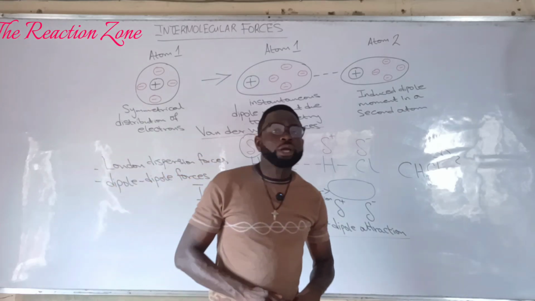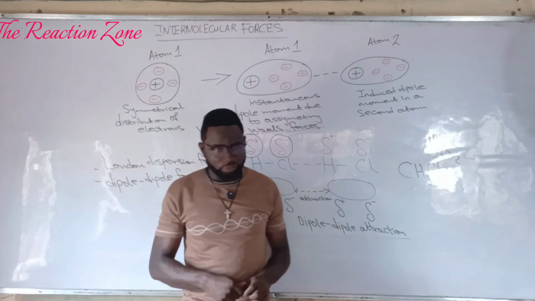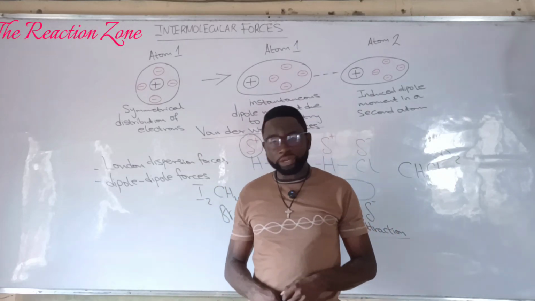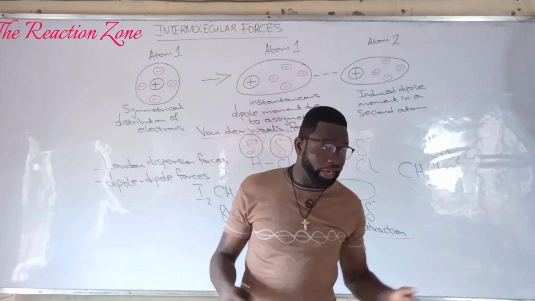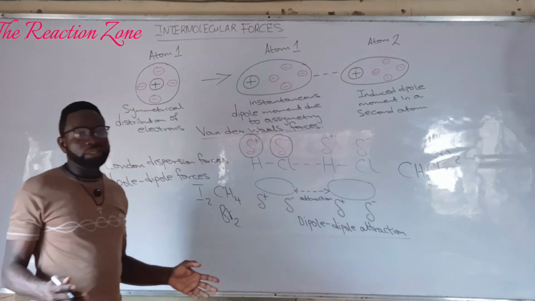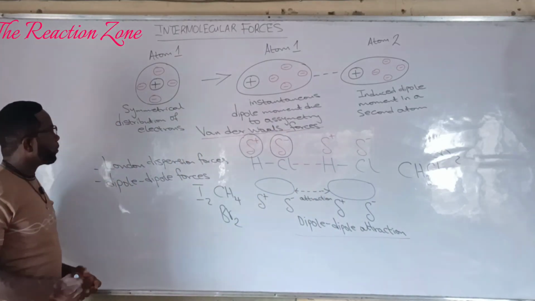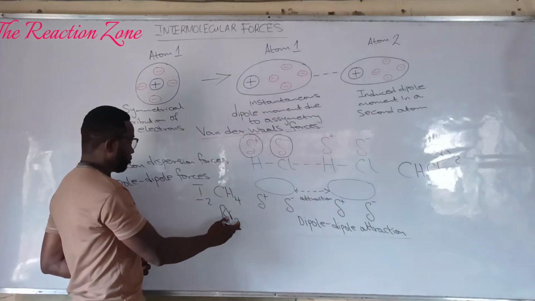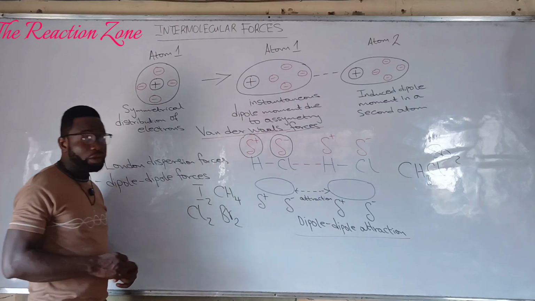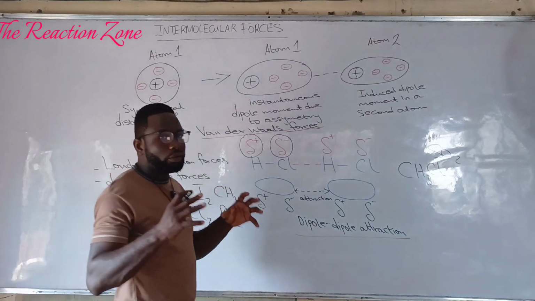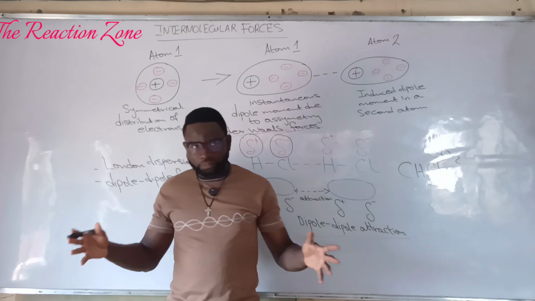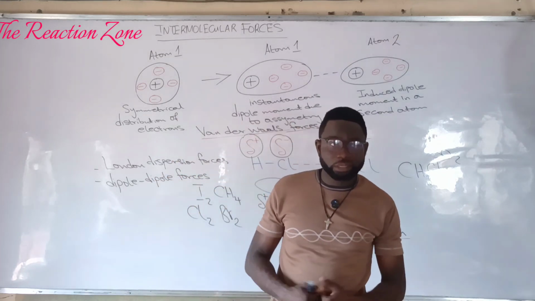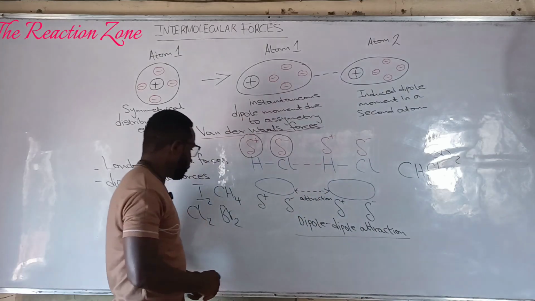Now, the strength of London dispersion forces increases with increase in the size of atoms, with molecular mass, and with increase in the number of electrons. Examples of molecules that exhibit London dispersion forces are iodine molecules, methane molecules, bromine molecules, chlorine molecules, and so forth. London dispersion forces exist in both polar and non-polar molecules, but they are more prominent in non-polar molecules.